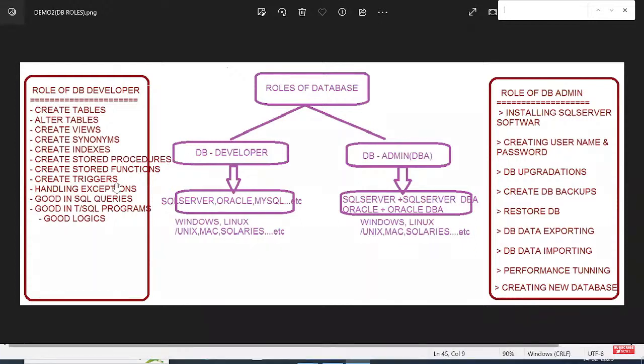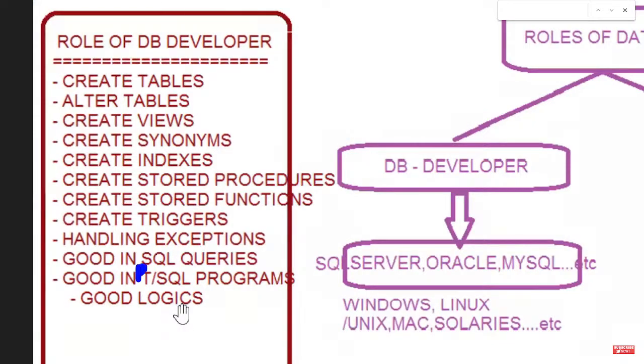If you selected it, what is your role and responsibility in the work premises? You should have a good idea on creating tables and modifying table structures, and creating views, synonyms, indexes, stored procedures, functions, triggers, and good knowledge of exception handlings, SQL queries, and PLSQL programs. And good logics.